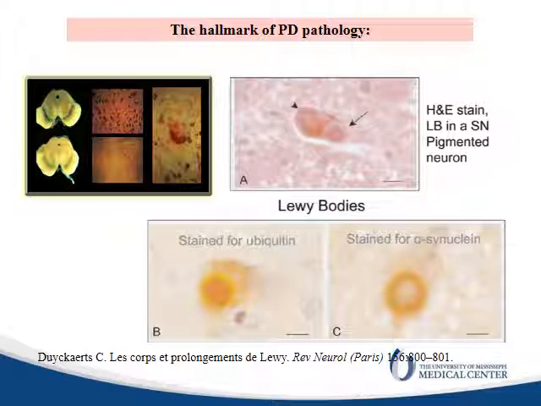Inside the Lewy body, the core stains for ubiquitin, but the periphery of the Lewy body stains for alpha-synuclein, the abnormally accumulated protein. Now we know that it plays a very important role in the pathophysiology of Parkinson's disease.